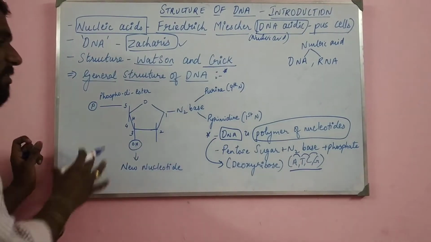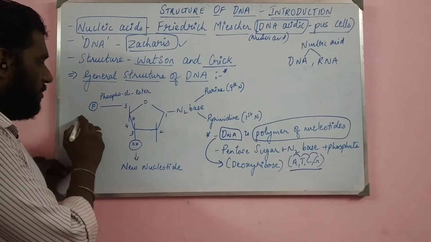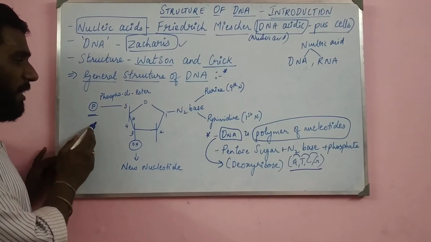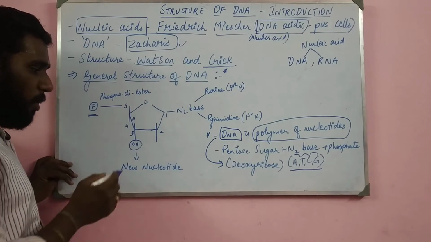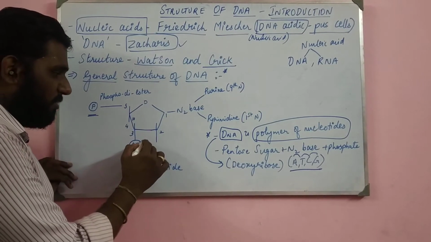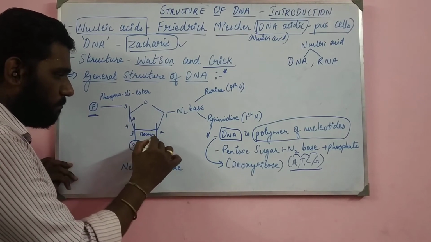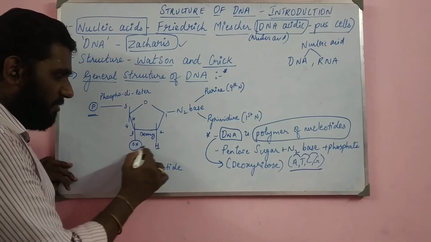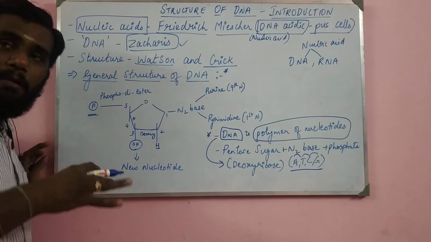Now, when I'm going to draw the structure, let us see. This is going to be the phosphate linkage. And this phosphate linkage is being attached to the fifth carbon of the sugar molecule. And this sugar is nothing but deoxyribose. And this deoxyribose can be identified with H and OH here due to its stability.